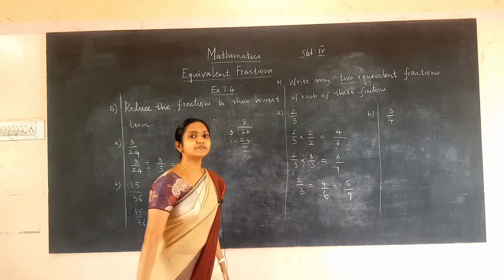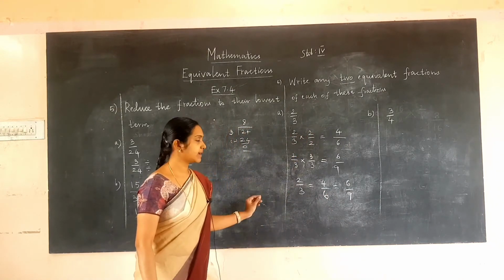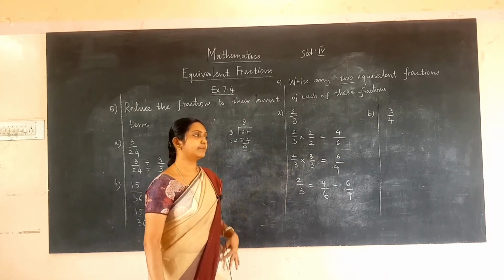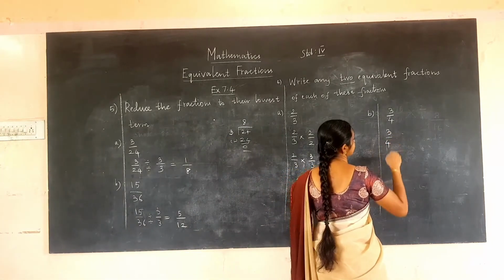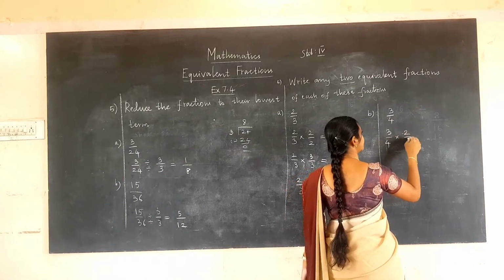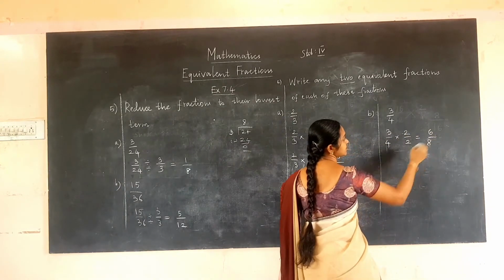To find the equivalent fraction, we have to multiply numerator and denominator by same number. You can multiply it with 4, 5 or any other number. Next it is 3 by 4. First I am going to multiply it with 2. 3 into 2 is 6 and 4 into 2 is 8.